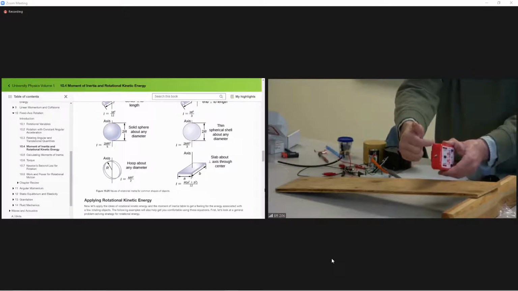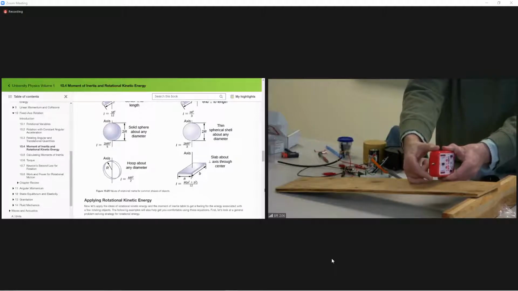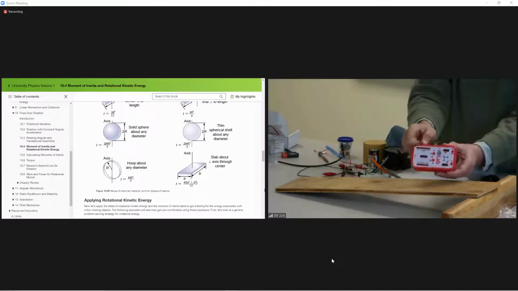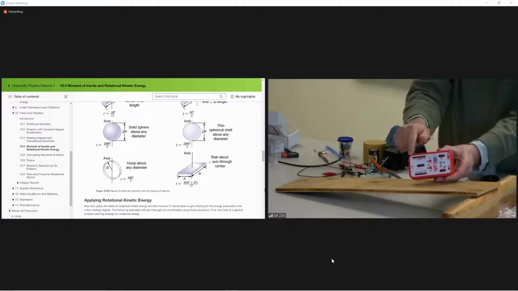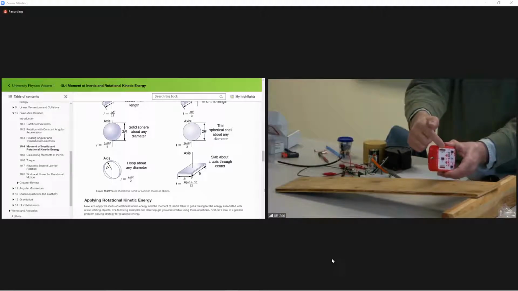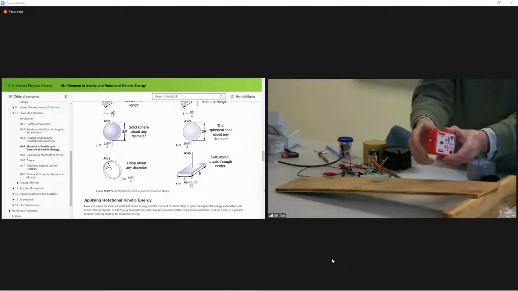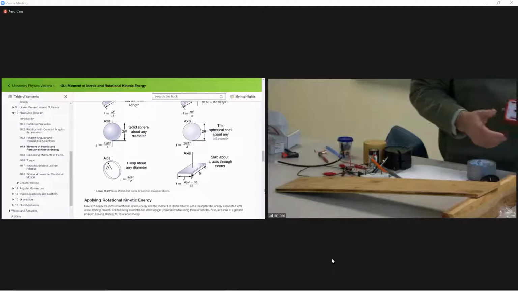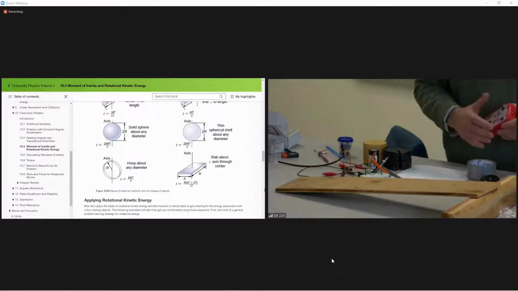Two numbers you can easily measure. Make sure you're measuring the correct dimensions. It's not the long axis that determines the moment of inertia. It's the thickness and the width. Okay, that's the theoretical value of the moment of inertia.